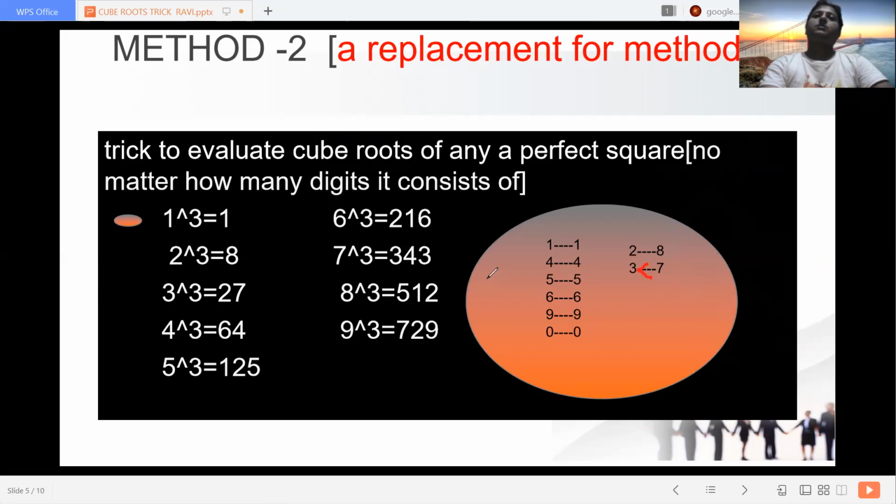Only by remembering this, we can easily calculate cube root of a perfect cube number.